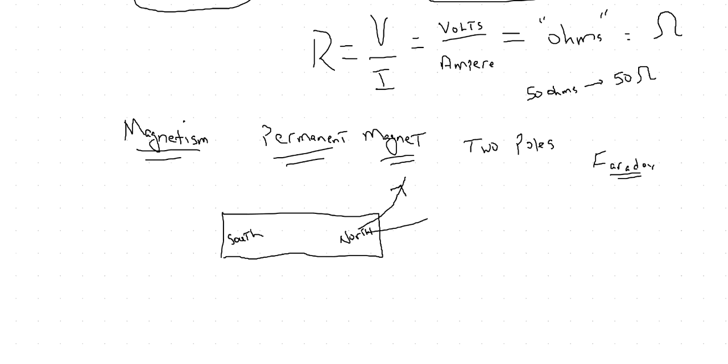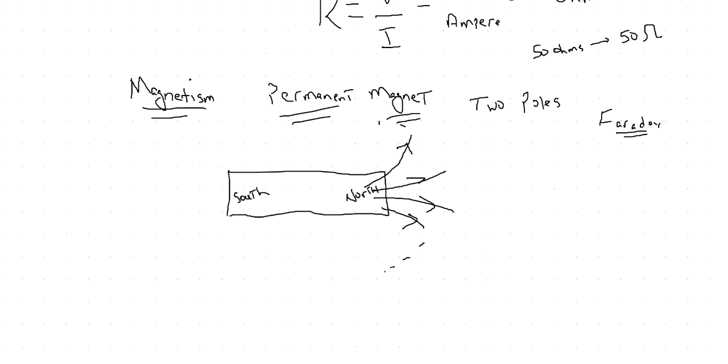And we can draw these lines circling back, doing something like this, going in to the south. Sorry, my pen is doing crazy things. So the lines go in to the south pole and out of the north.